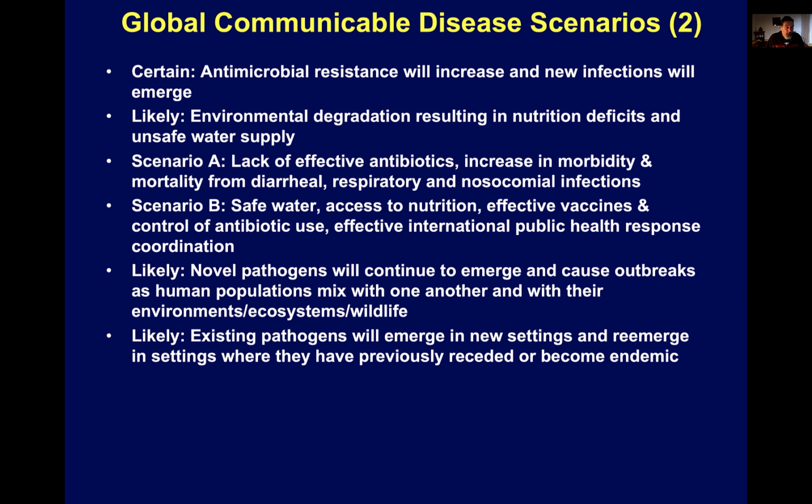We might likely also see situations where novel pathogens continue to emerge and cause outbreaks as human populations mix with one another and their environments and ecosystems and wildlife. And finally, existing pathogens will emerge in new settings and reemerge in settings where they've previously receded or become endemic. We can expect that these are pretty likely outcomes.